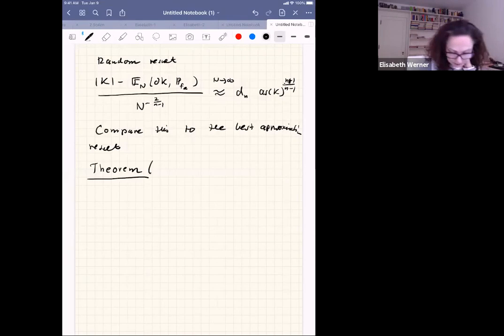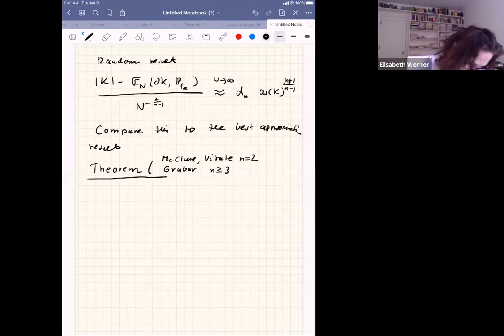The theorem about best approximation is due to McClure and Vitale in dimension 2, and Gruber for dimension bigger or equal than 3, and K is C2 plus.